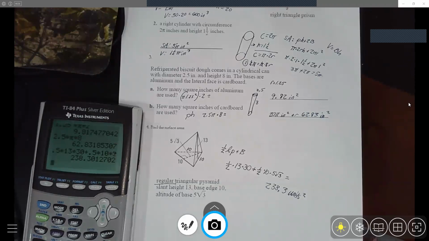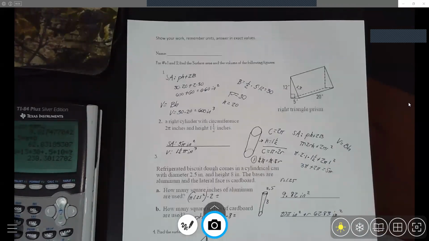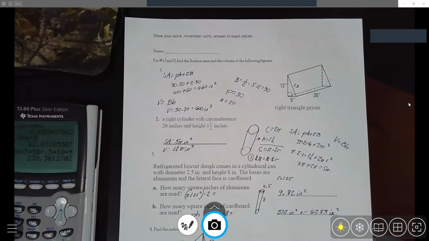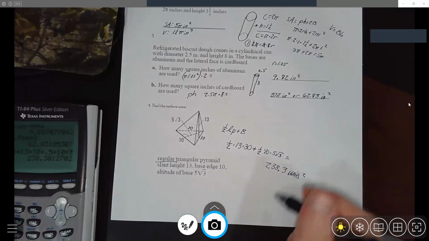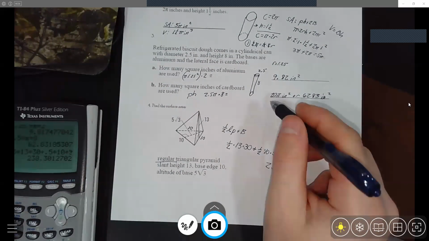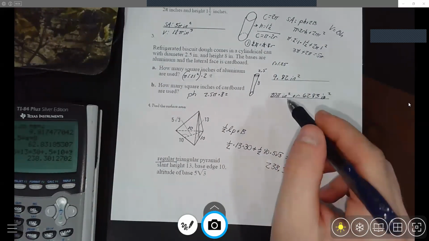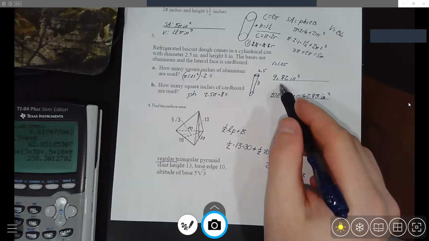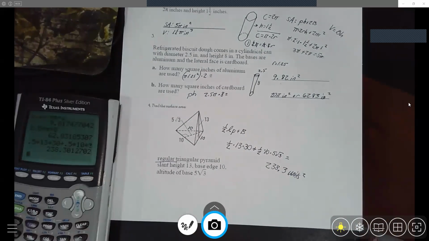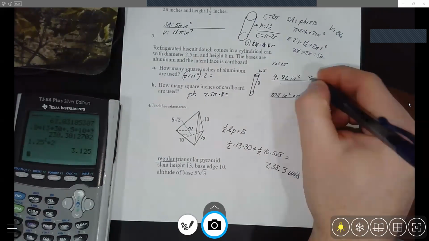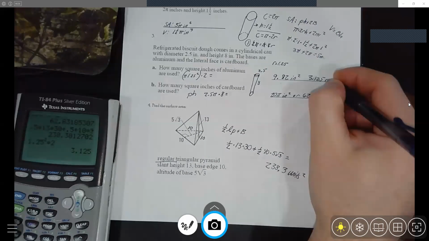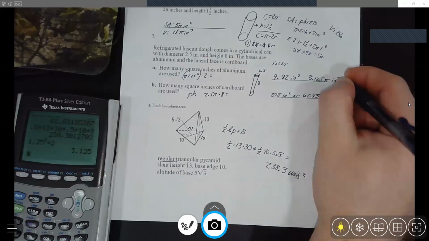Oh, I do say at the top, answer in exact values. So, which would mean, like, you'd want 20 pi here. I should have read my own directions, huh? And then for this one, you would do 3.125 pi inches squared.